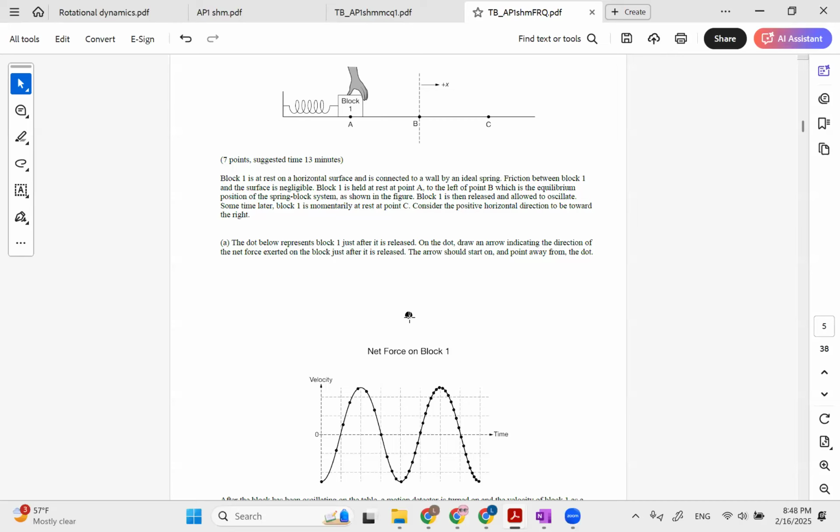So over here, how do you draw the force? Net force exerted on the block. So what is it?